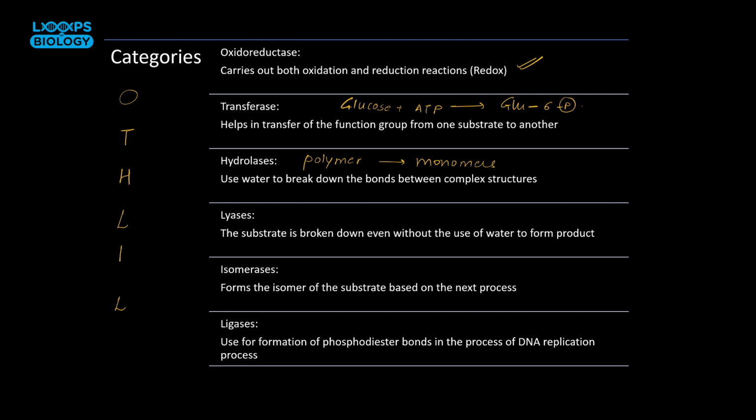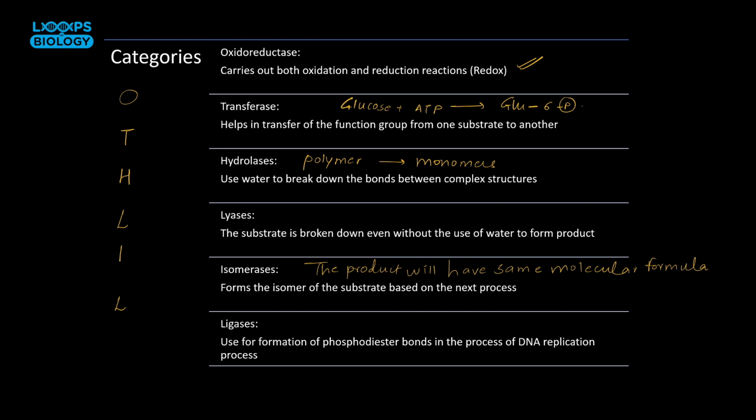Then there are isomerases. Isomerases basically form isomers, that means different structural formula but the same molecular formula for the particular compound. So in this case, the product will have the same molecular formula but a different structure.